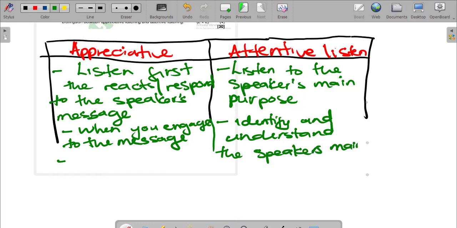What does the speaker want to say? What are the points that he wants to explain? You want to understand, right? So these are the differences between appreciative and attentive listening. So this question has the whole of question 1.